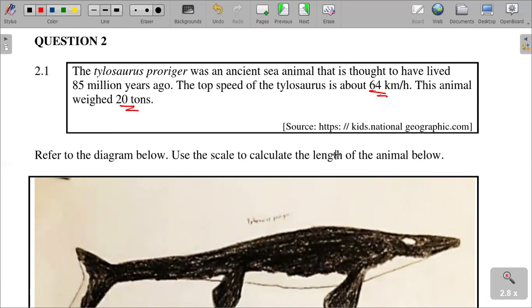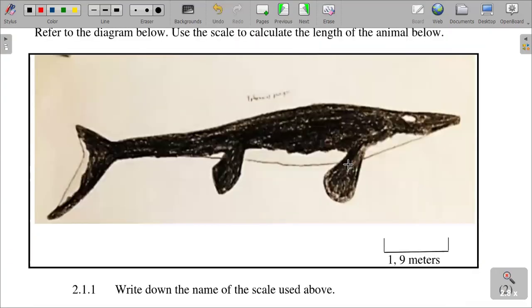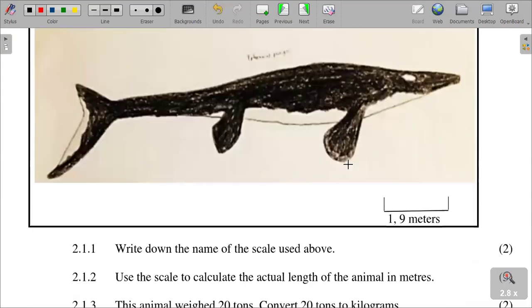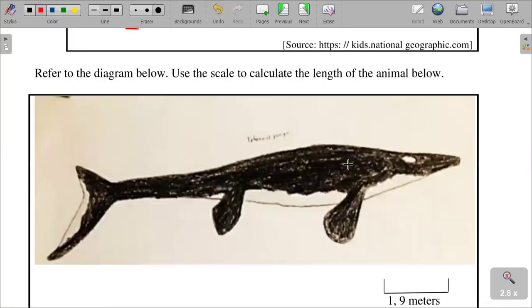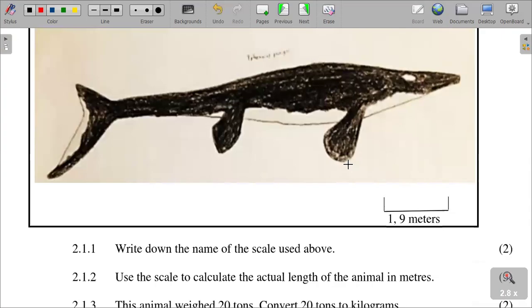So we can go to the questions that are there. Write down the name of the scale used. What type of scale is used here? As you can see here, it is actually a bar scale.